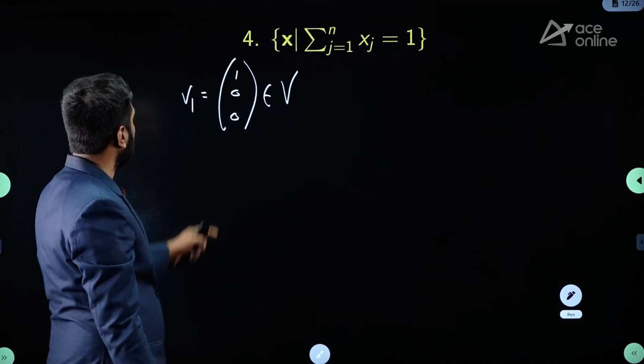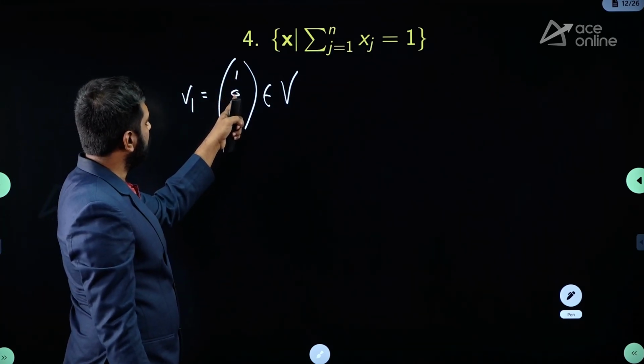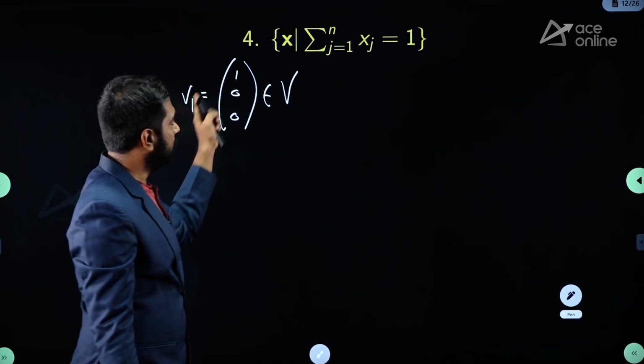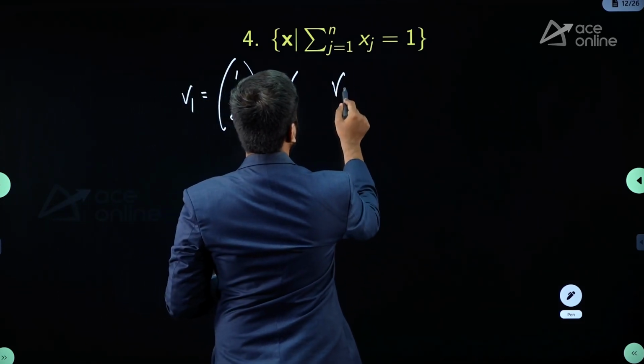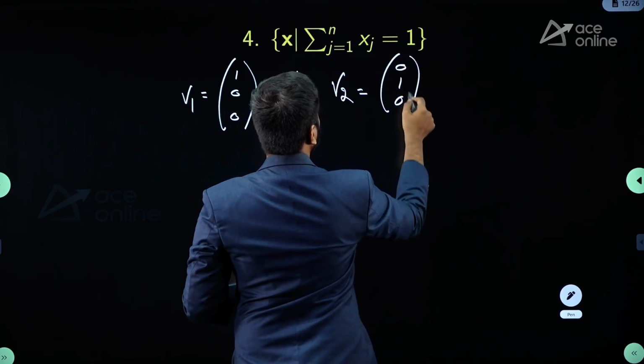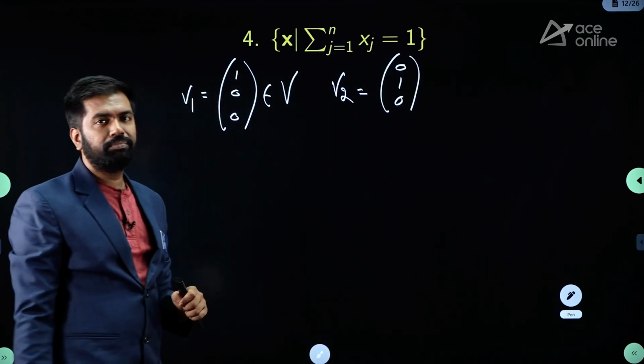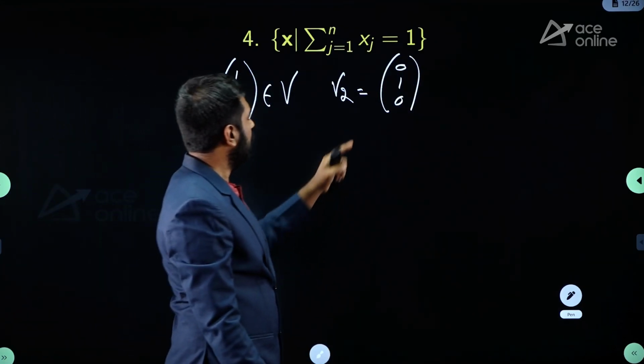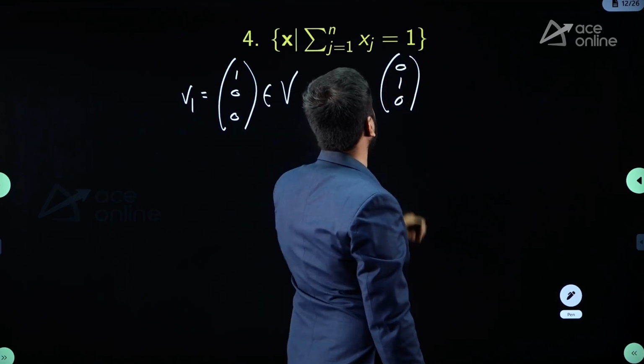Sir, how do you say that? You add, 1 plus 0 is 1. Yes, it's a part of the given set. Now let me take another simple vector like 0, 1, 0. Will this be part of the given set, sir? Yes, sir, it will be part of the given set because when you add, again you are getting 1.